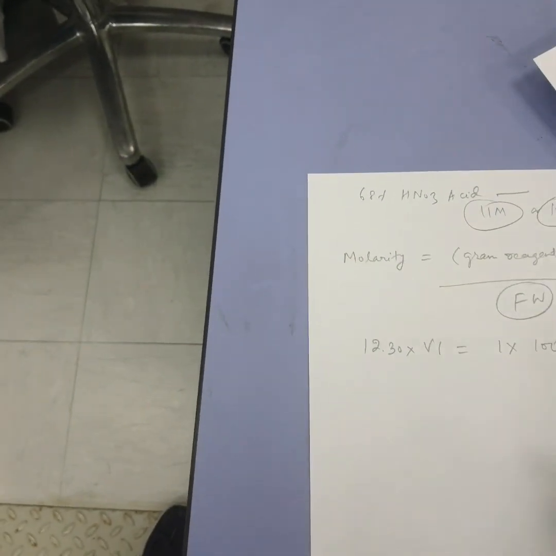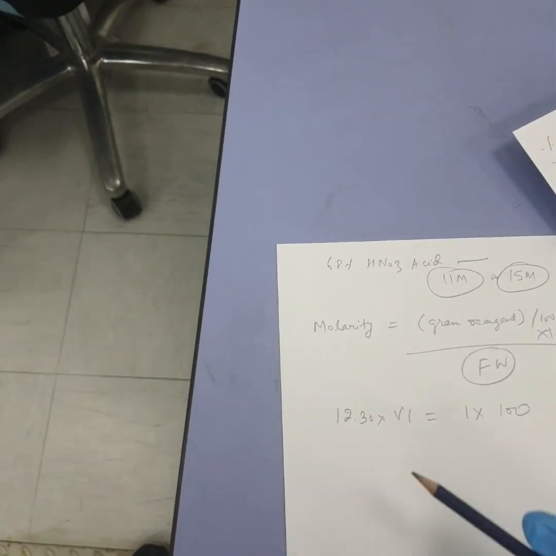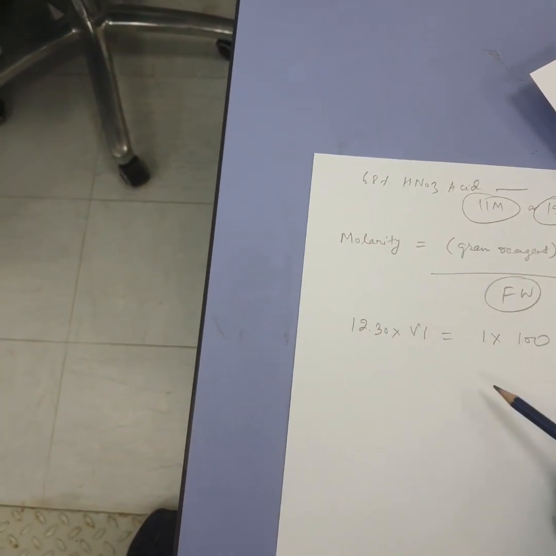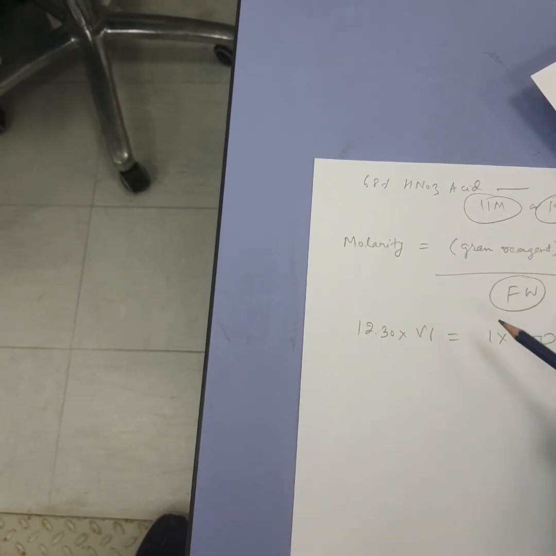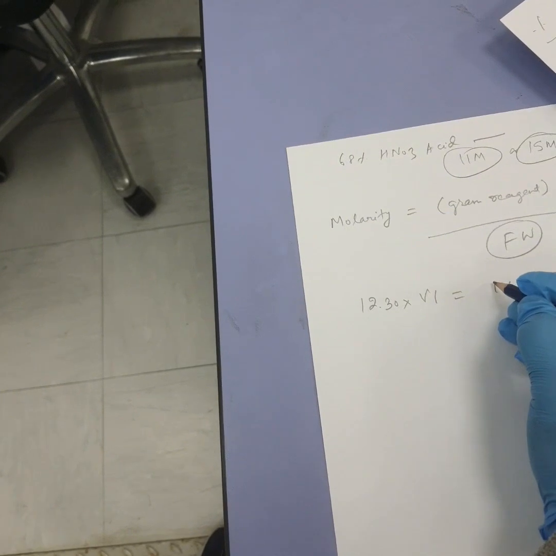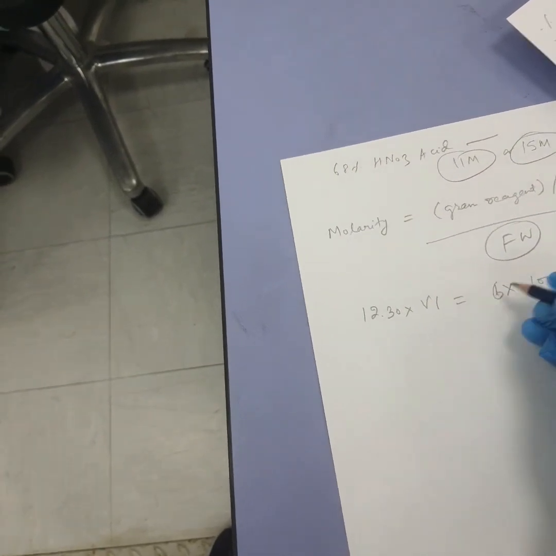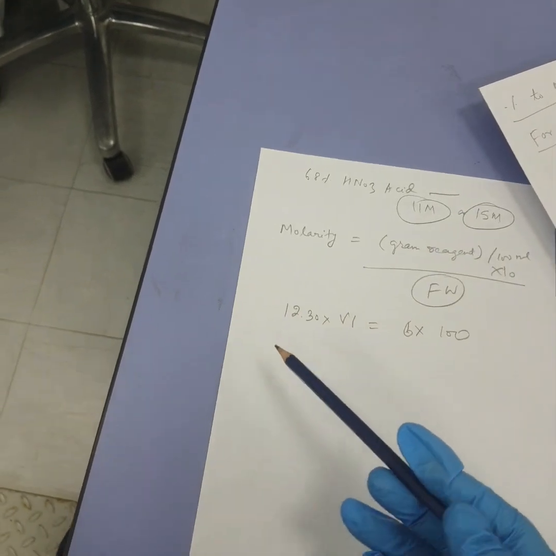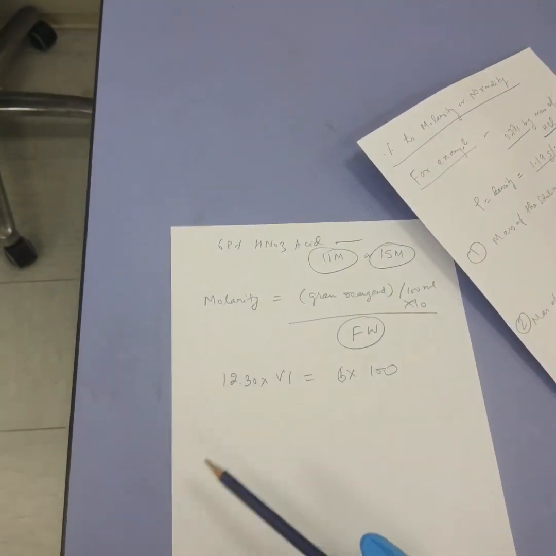You saw the molarity was 12.30, and let's suppose we want to prepare 6 molar of the hydrochloric acid from the main stock which is present in the bottle.